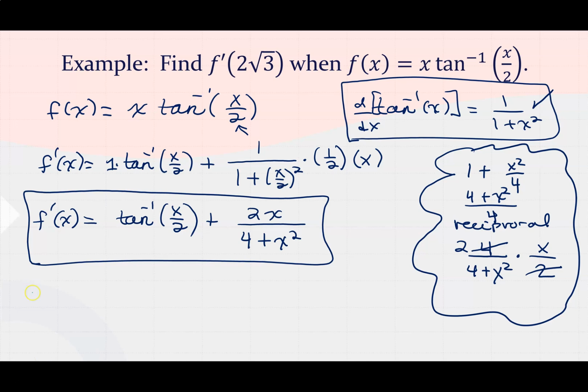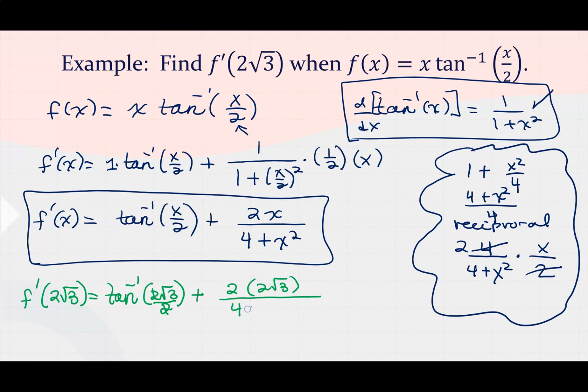So the derivative evaluated at 2 square root of 3 is going to be inverse tangent of 2 square root of 3 over 2, which would be just square root of 3, plus 2 times 2 square root of 3 over 4 plus 2 square root of 3 squared.